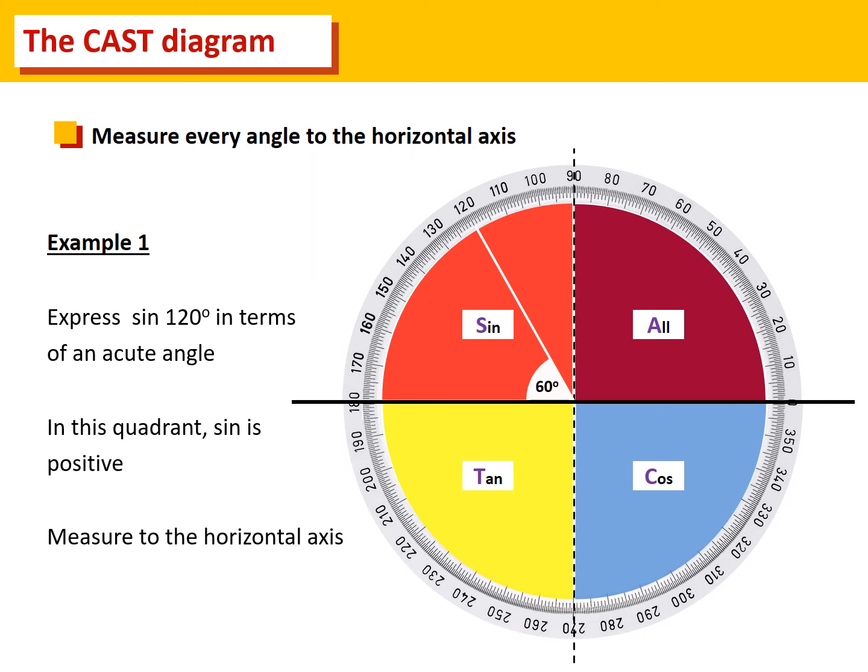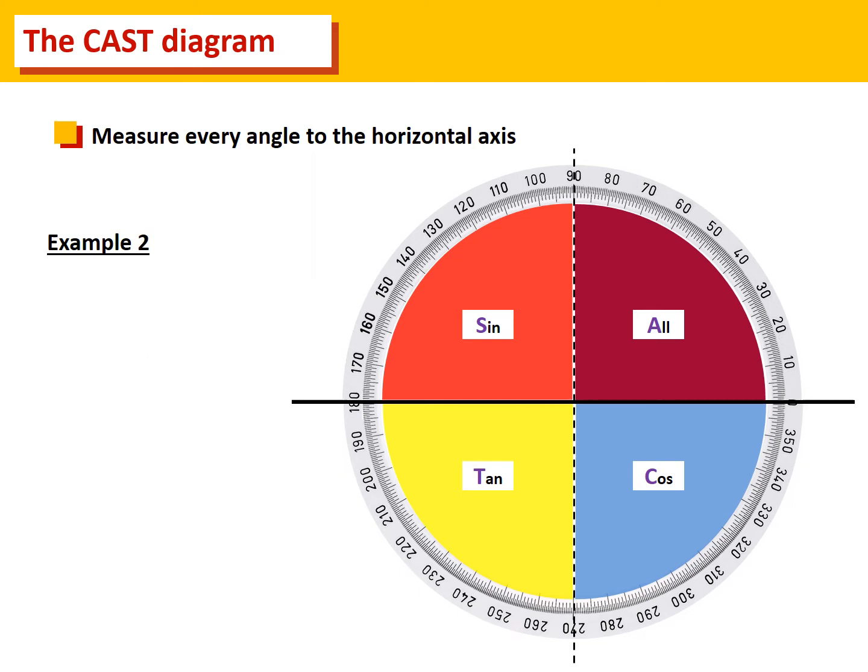Now, we know that sine 60 degrees is positive, and we've just seen, because we're in the second quadrant, that sine 120 is positive. Therefore, we simply have that sine 120 is exactly equal to sine 60.